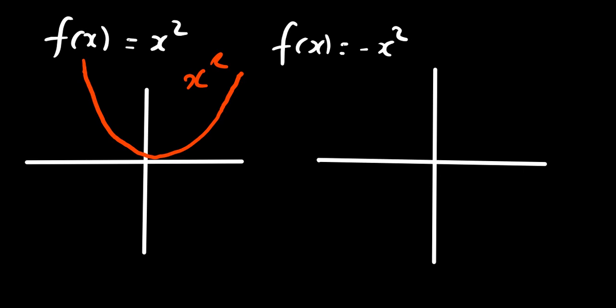I think we can solve even from here. Let's draw a diagram. We can just draw it from here. So let's see our graph. If we're going to graph, let's say this is our y-axis, this is our x-axis.